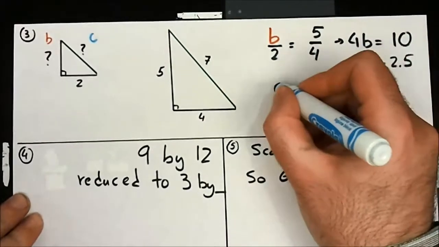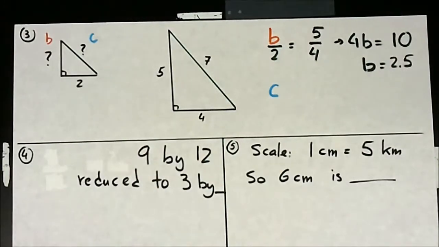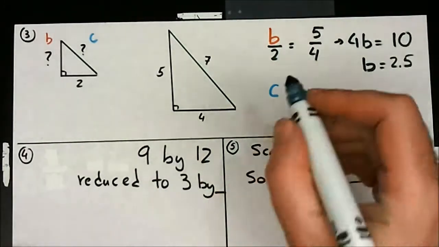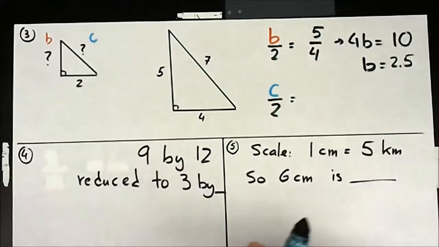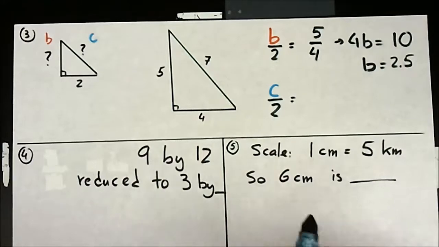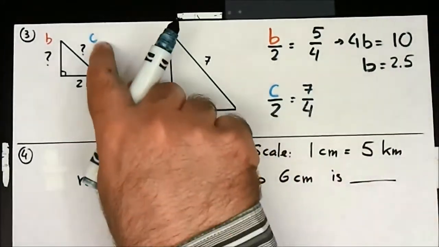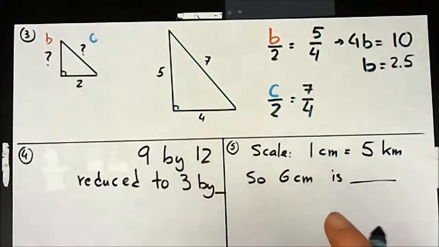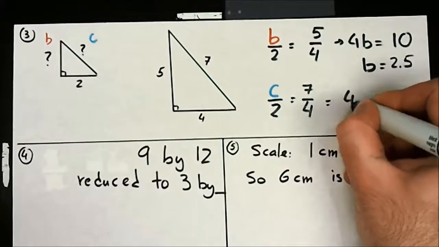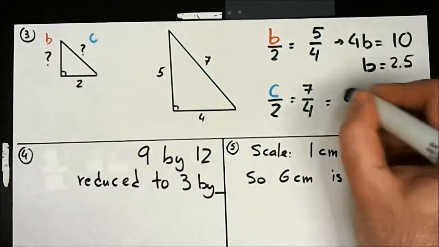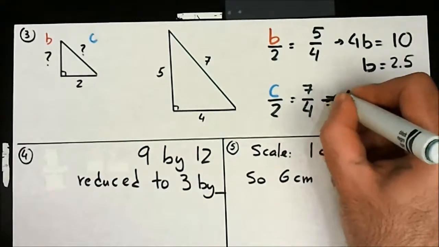So I'm going to do similar ratios, C over 2 this time. And what's the corresponding ratio on this triangle? 7 over 4. This corresponds with this, and this still corresponds with that, which means 4C, 4 times C, equals to 7 times 2, which is 14. It should be an arrow.